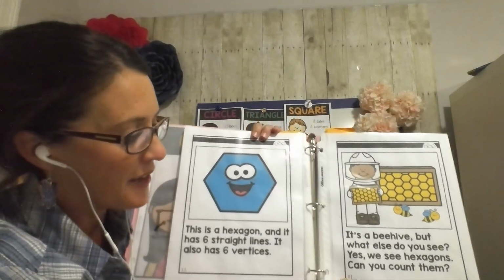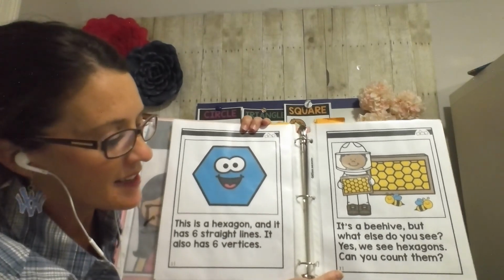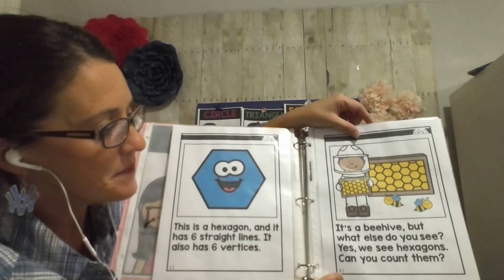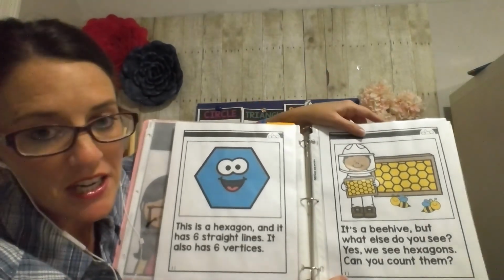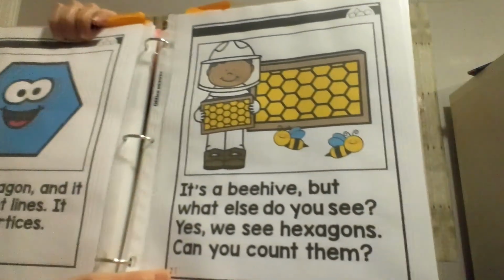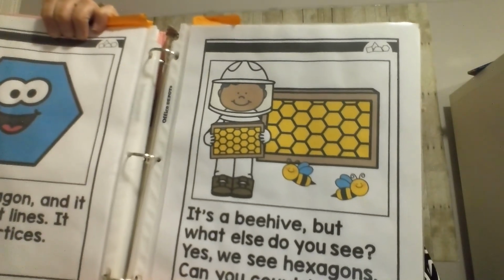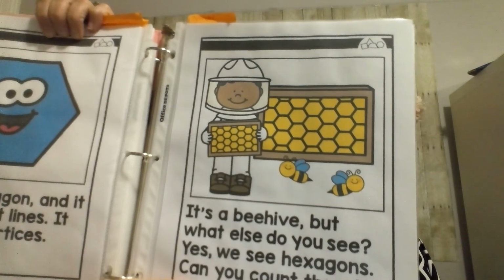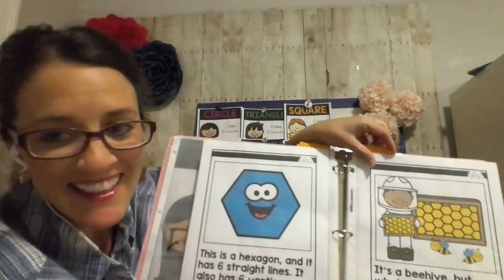It's a beehive, but what else do you see? Yes, we see hexagons. Can you count them? There's a lot. I'll hold it up to you guys, see if you can count them. If you want to pause the screen and go back, you can keep counting. There's a lot.